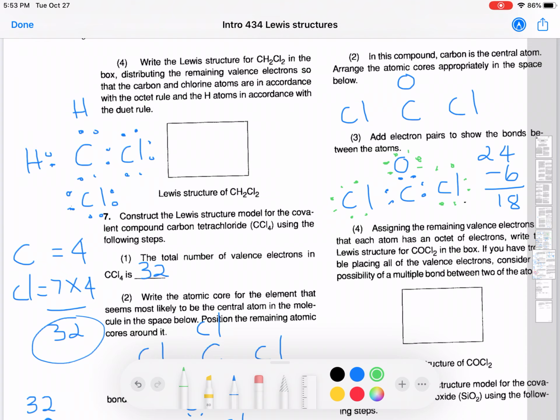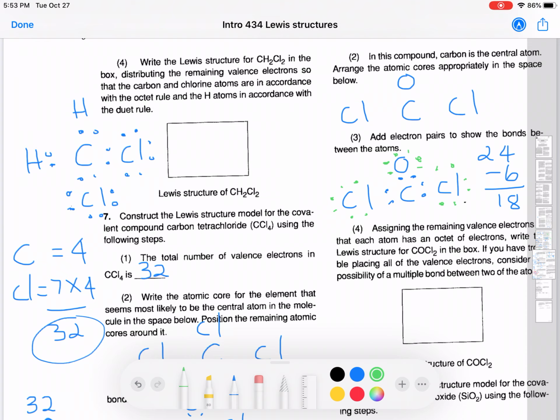Oxygen is going to give 2 electrons from its lone pairs to make a double bond. So let's say you take one of these lone pairs and make a double bond right there, carbon, oxygen. So then the Lewis structure would look like this.